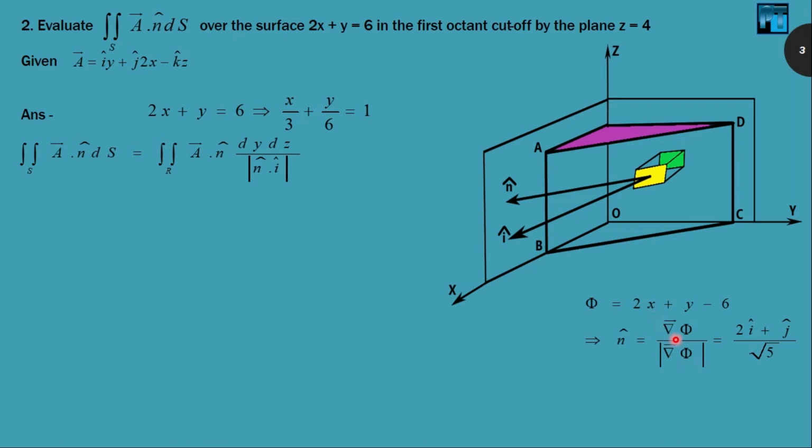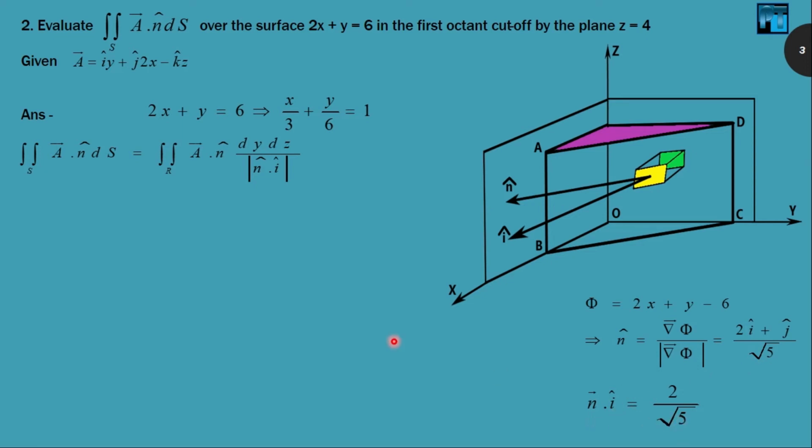Here grad phi equals 2 i cap plus j cap, and mod grad phi is root 5. So n cap dot i cap, my mistake, that must be n cap, I'm very sorry, so n cap dot i cap equals 2 by root 5.